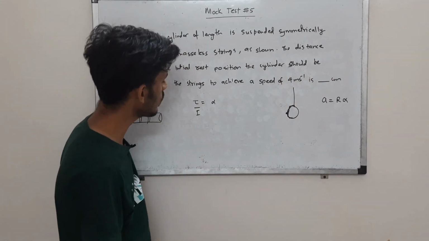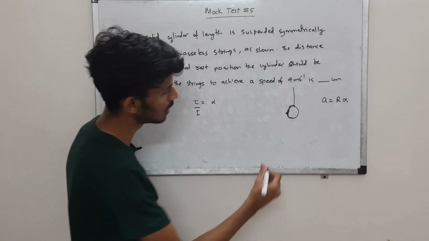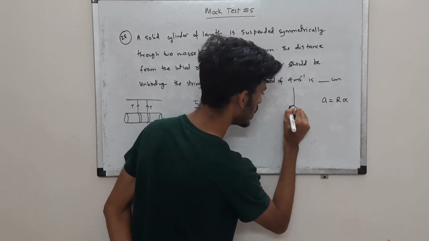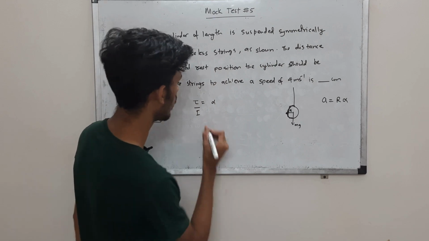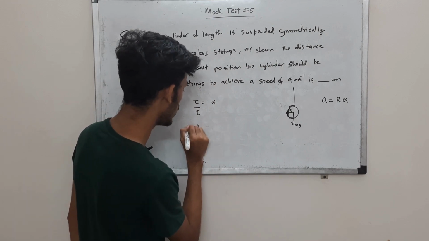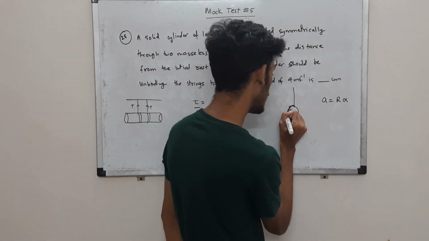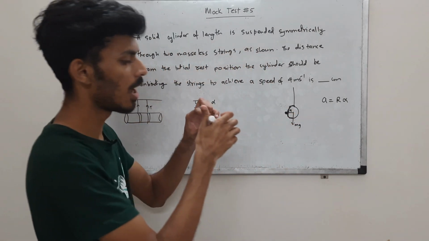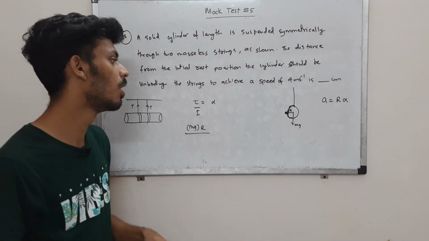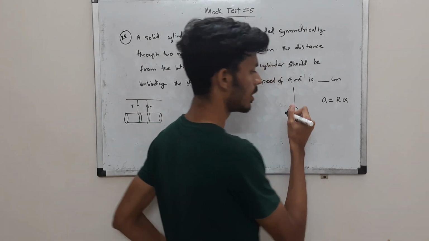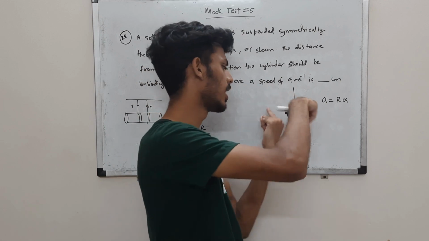Torque over here: you can see mg is acting in this direction, and from the axis it is at a distance r. So torque is mgr, right? What about alpha? Alpha is about this axis, right? It is rotating about that axis, which is coming out or going in, whatever.